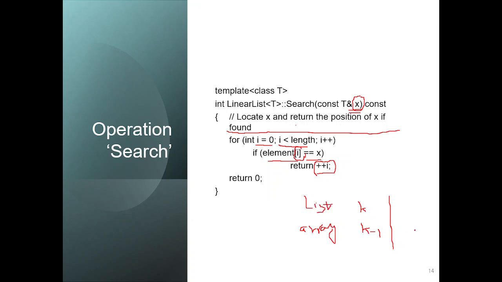Similarly, if we have the ith element in the array, then in the list it is at position i plus 1. So if at position i in the array we found x, then we have to return i plus 1. That would be the position of this element in the list. Okay? So I hope it is not that complicated. So this is how you search for it.